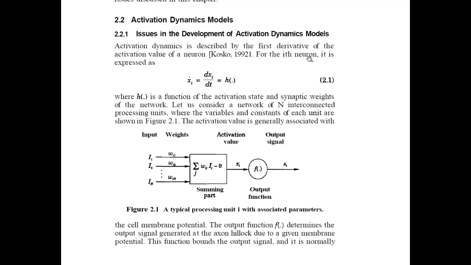For the ith neuron, it is expressed as the differentiating value of the input and is represented as h of I function, where h of I is a function of the activation state and synaptic weights of the network. So this is the diagram of the typical processing unit I with associated parameters, that is nothing but the blocks of the neural network.